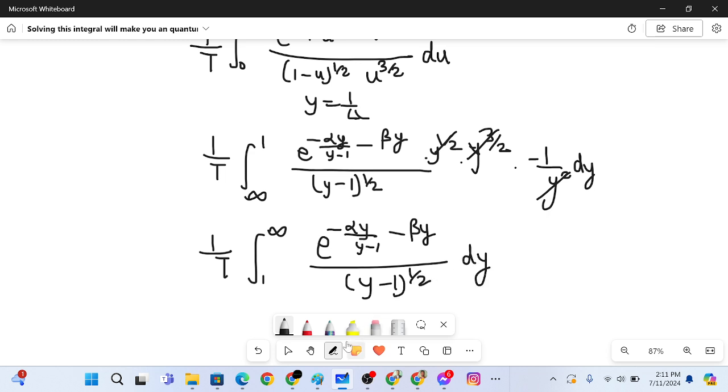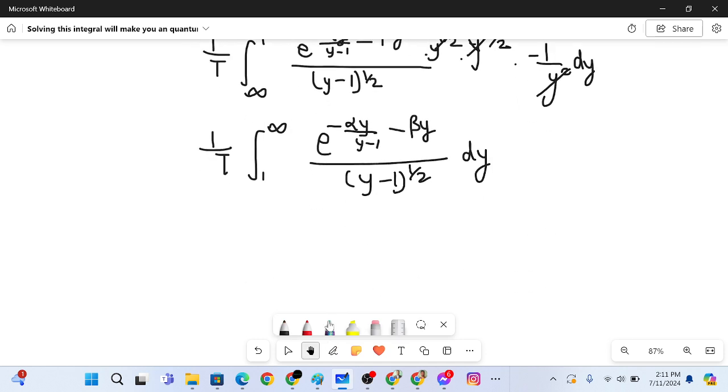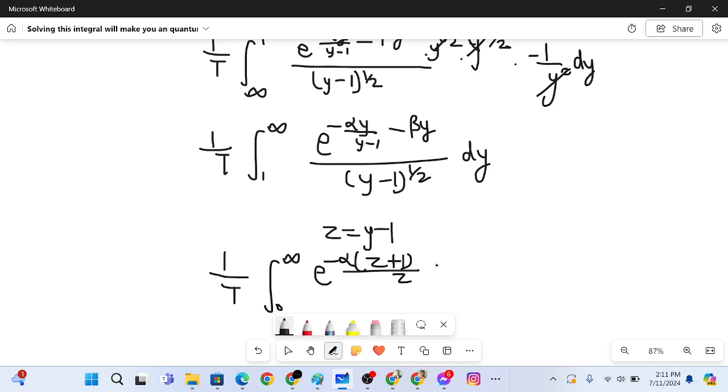Okay, now we can take z equal to y minus 1. If we do this, it will be 1 by t times the integral from 0 to infinity of e to the power minus alpha (z plus 1) by z minus beta (z plus 1), divided by z to the power 1 by 2, dz.